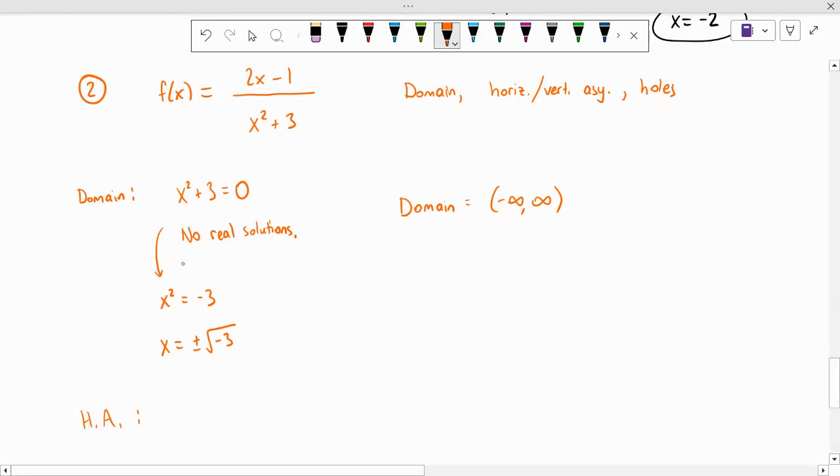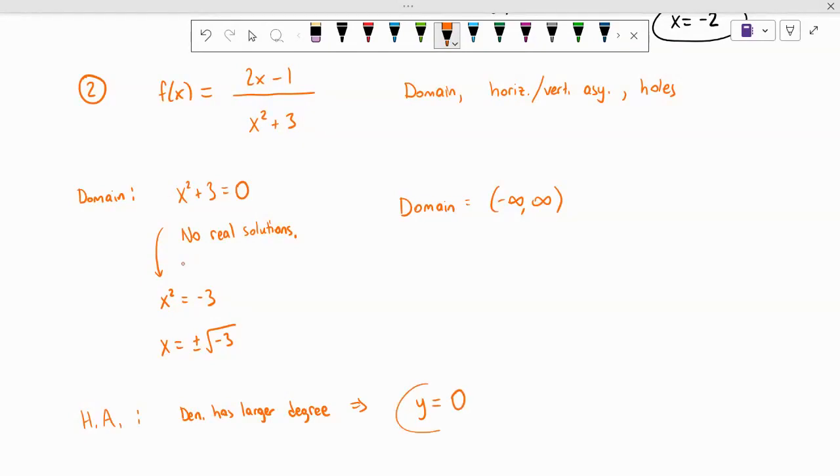So here the denominator has a higher degree. So if the denominator has a larger degree, then that means that y equals 0 will be your horizontal asymptote, okay?